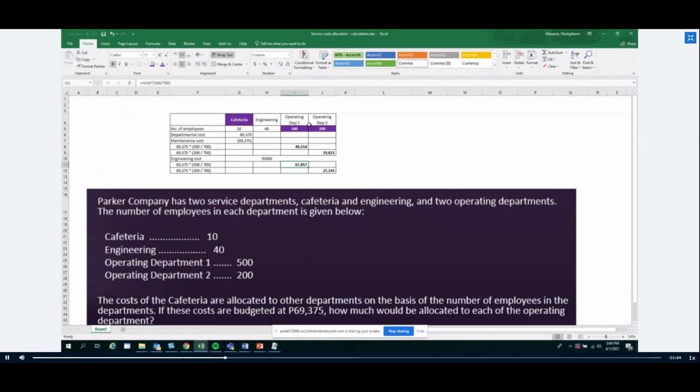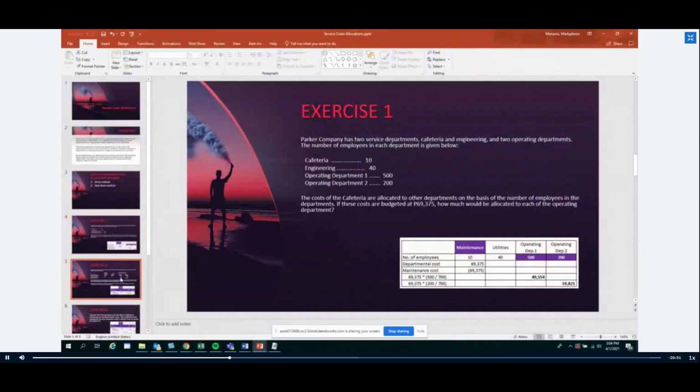So that's your direct method of service cost allocation. It's easy, right? Nothing complicated there yet.